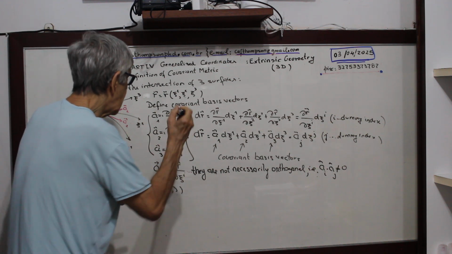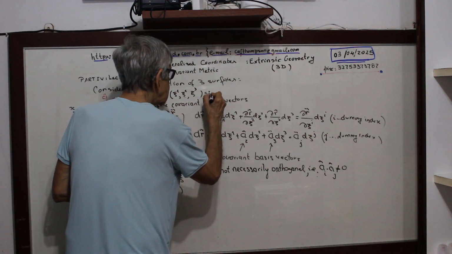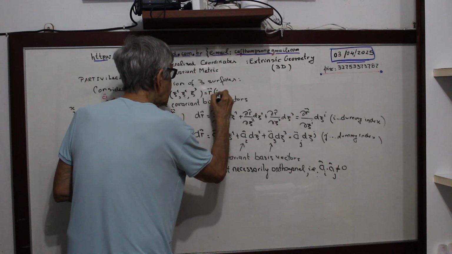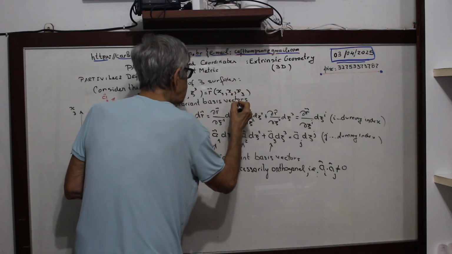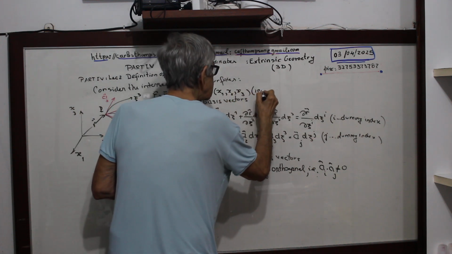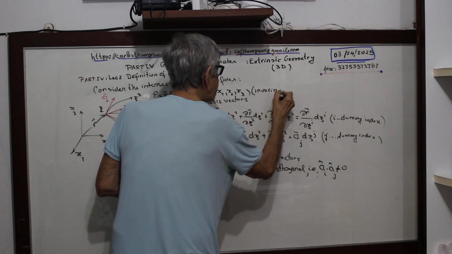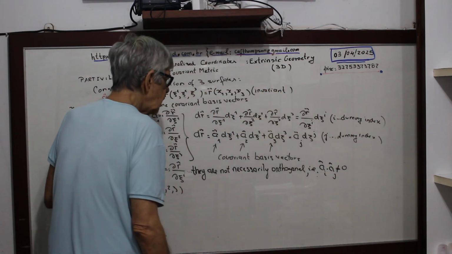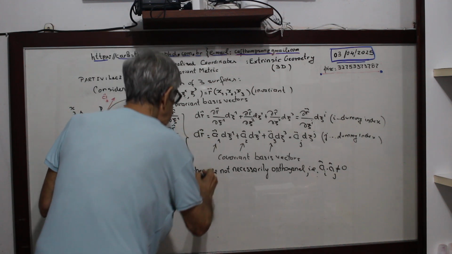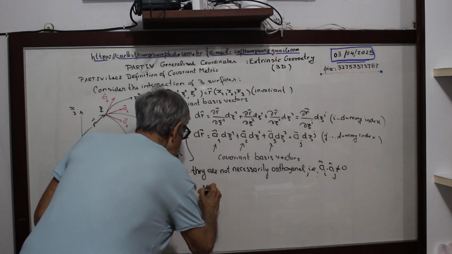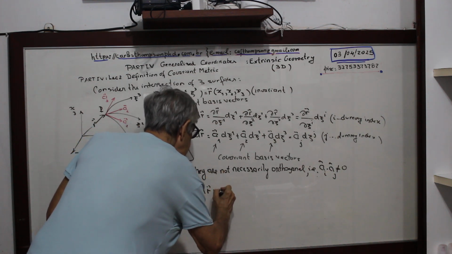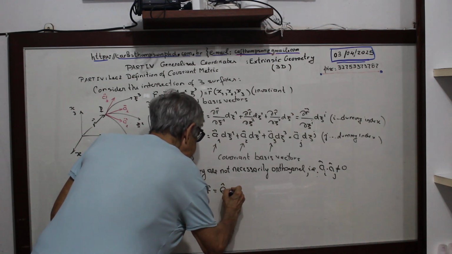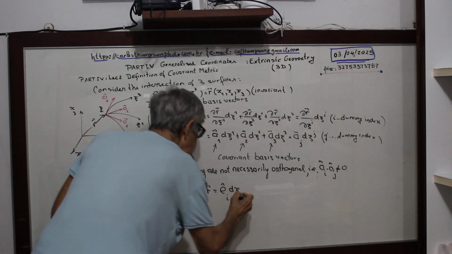And also, I can write R as a function of x1, x2, x3. Do you remember? This is invariant. Likewise, from here, dr is equal to Ei dxi.